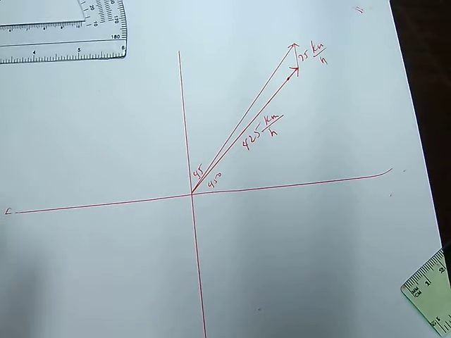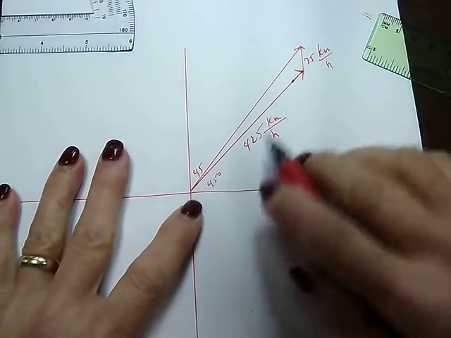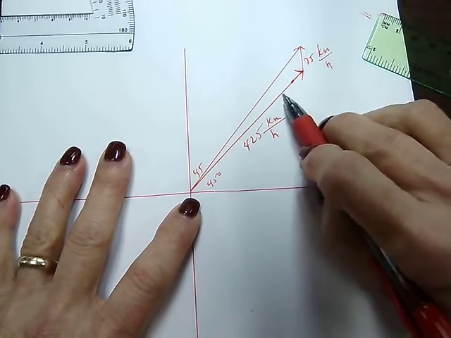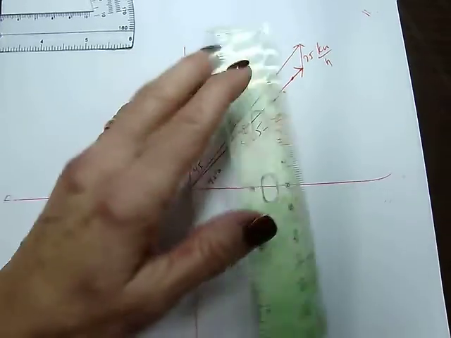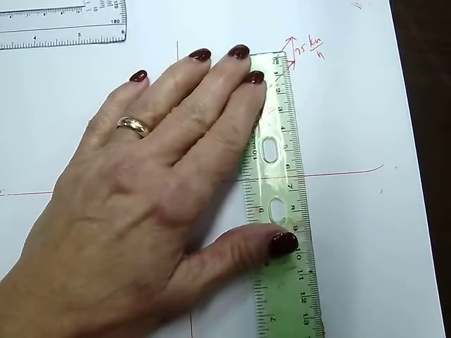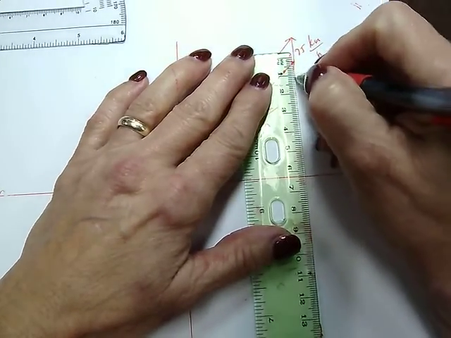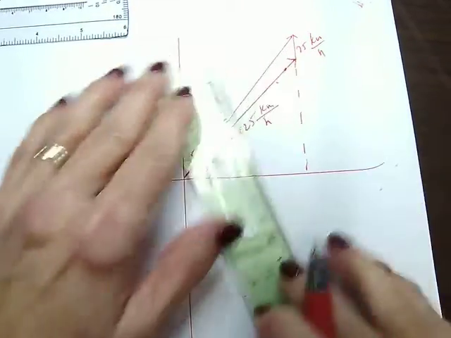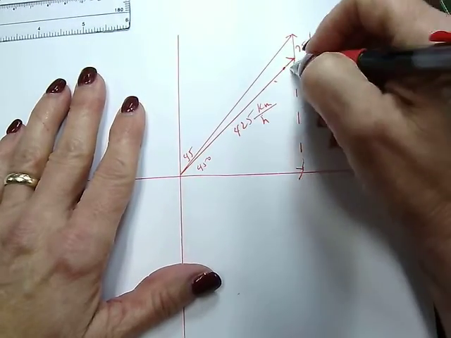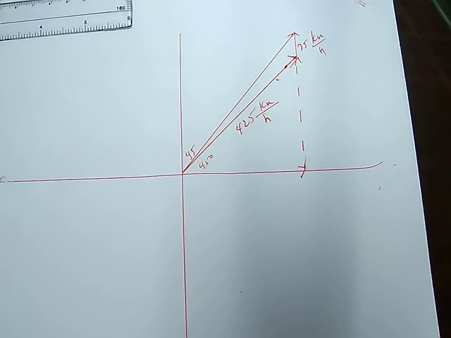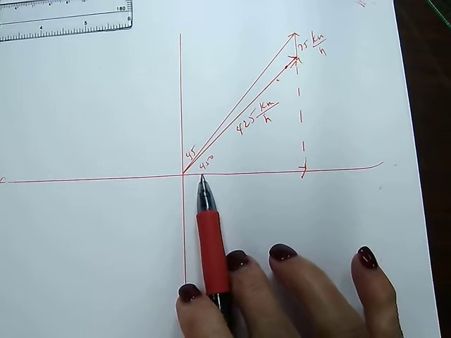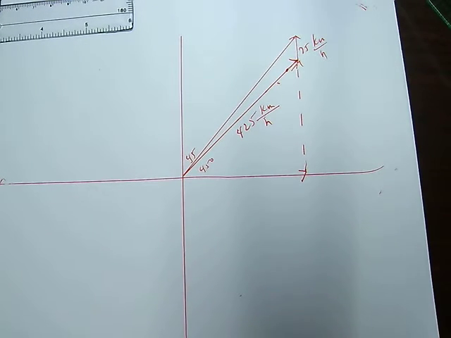So what we need to do to find the x and y of this one is to make an imaginary line down here. Now we know this angle. Now this is where we're going to get into sine and cosine.